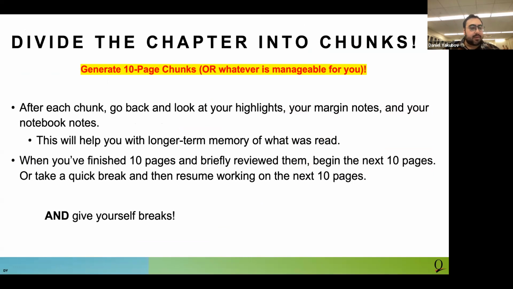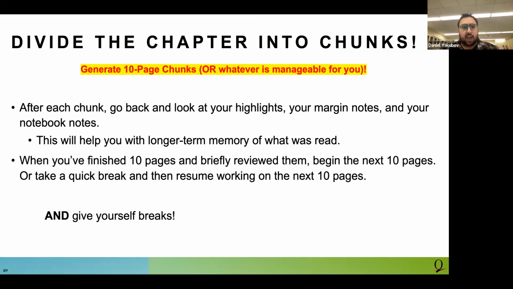Now, some of you, including myself, have a really hard time reading mass volumes at any given moment, okay? And that's fine, right? So what I used to do is break down my chapter into 10-page chunks. Sometimes it'd be 12 pages, 13 pages, whatever it is, as long as I'm not stopping midsection, okay?